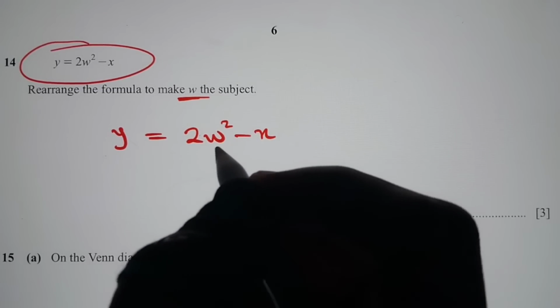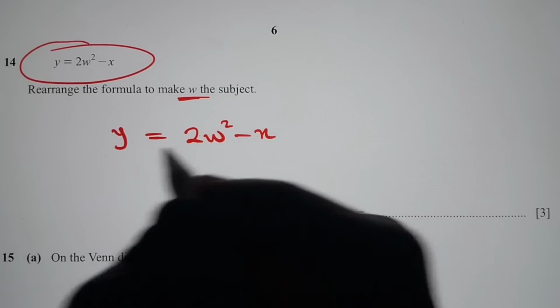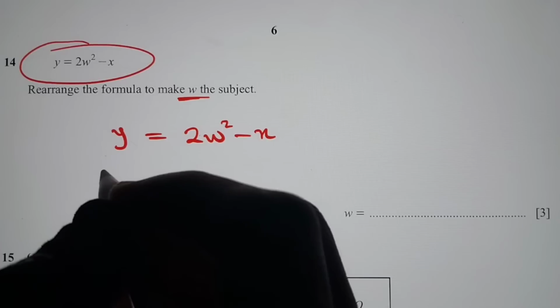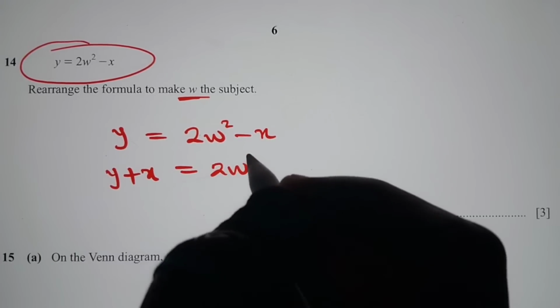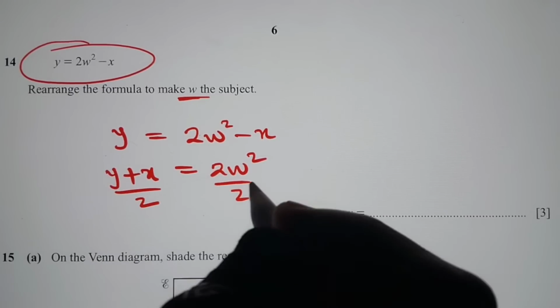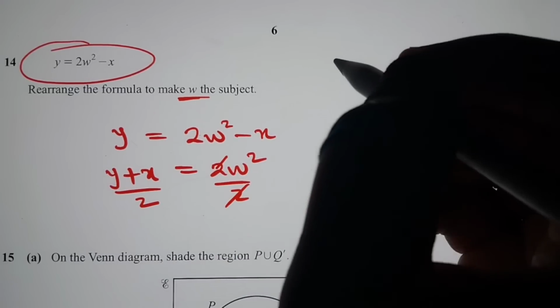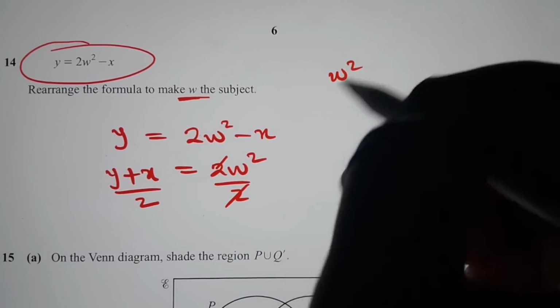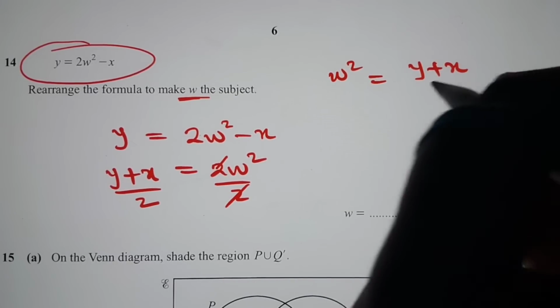We are trying to make w the subject of the formula, so we need to take out negative x by adding it to both sides. So you have y plus x is equal to 2w squared. Then divide both sides by 2 so that we can rewrite it as w squared. What is on the right side is equal to y plus x over 2.